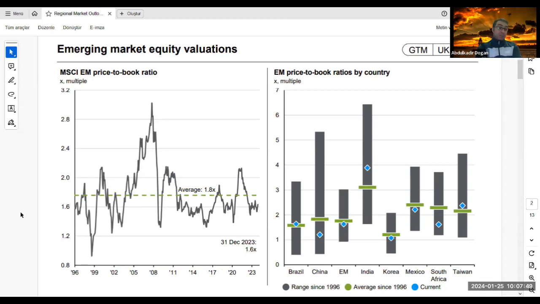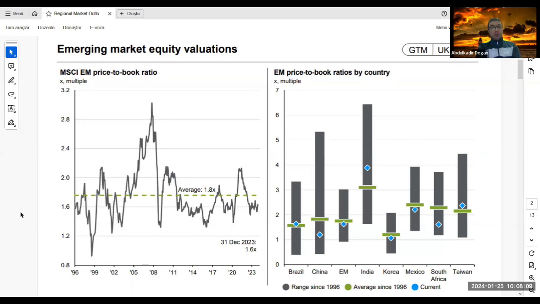As I said, for those who had the opportunity to join the previous classes that I gave in finance and economics, you can directly understand what we mean by price to book ratio, or MSCI, or EM.